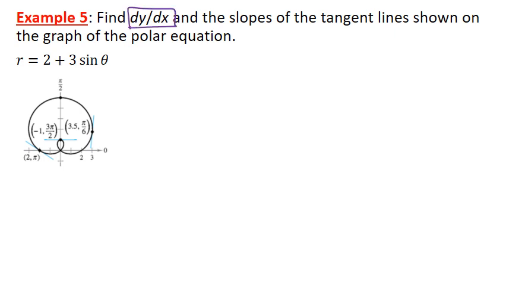In order to find dy dx, the formula is on the previous slide, and I'll just write it here for reference purposes. Now you may notice in this formula that we need to find the derivative of the function. So we'll do that here in a second.